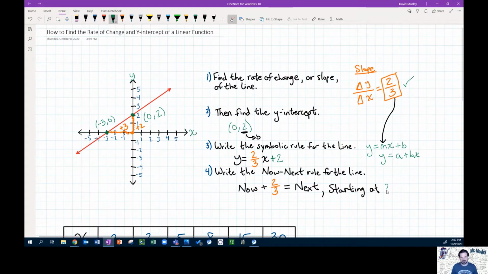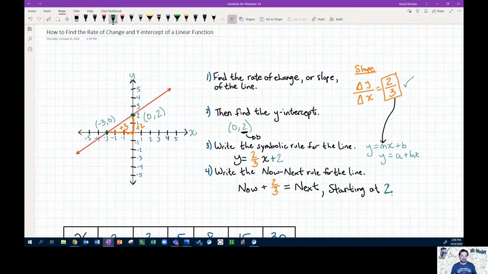We're starting at 2. Now, these now-next rules are most commonly used within a context in which the start value is a reasonable value to start with because you're not going into negative values. For example, someone starts with 2 t-shirts in their closet and they're adding to it.